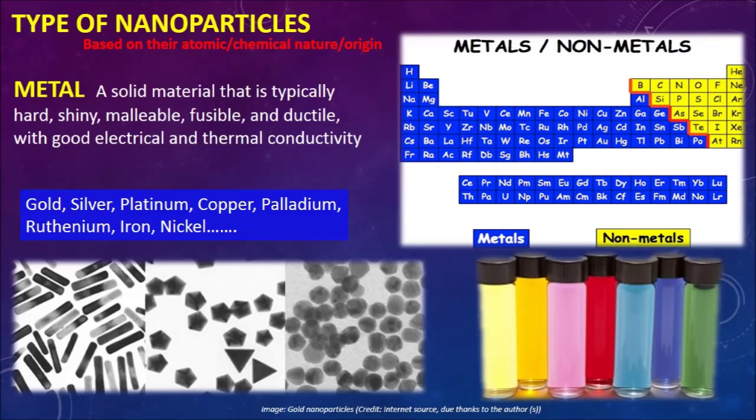Metal is a solid material that is typically hard, shiny, malleable, fusible, and ductile with good electrical and thermal conductivity. In nanotechnology, gold, silver, platinum, copper, palladium, ruthenium, iron, and nickel are the major metals used to create nanoparticles because of their unique properties and applications in a wide range of areas, which we will discuss later.